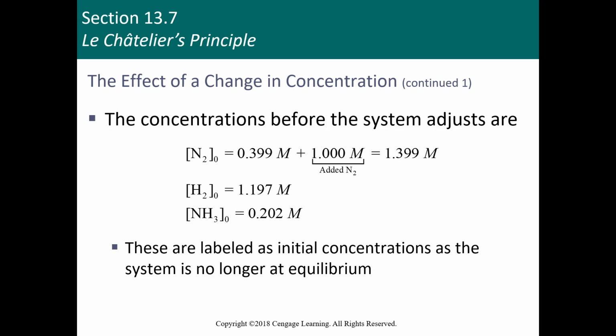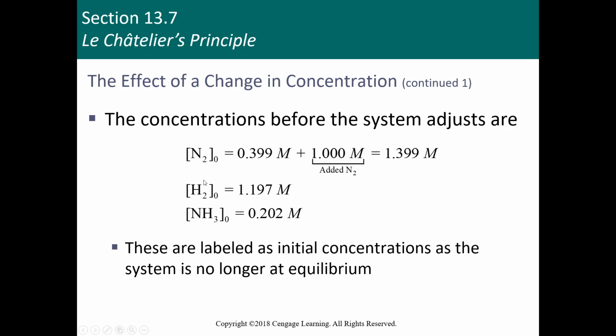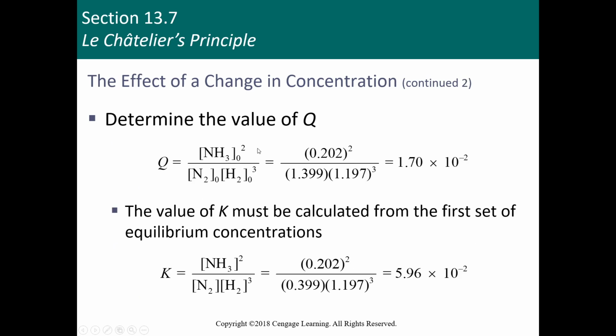So our system will no longer be at equilibrium, right? Now we have more of the N2 reactant, and so when we determine our Q, we have to use these new values. That's going to give us this value of Q, which is 1.7 times 10 to the negative 2. We have our value of K, which was from our equilibrium concentrations in our equilibrium expression, and that is this value right here.